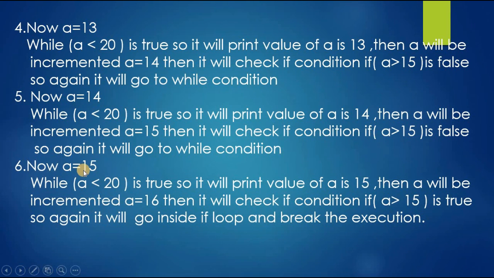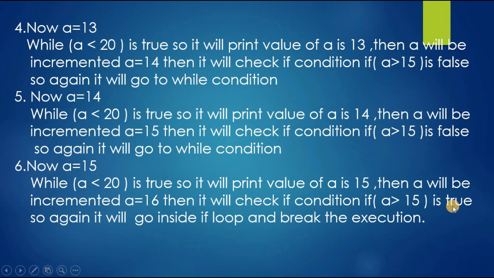Now a is 15 and while a is less than 20 is true, so it will print a as 15 and then a will be incremented, a is equal to 16 now. Then the if condition will be checked, if a is greater than 15, yes, it is true because 16 is greater than 15, so the condition comes true here.